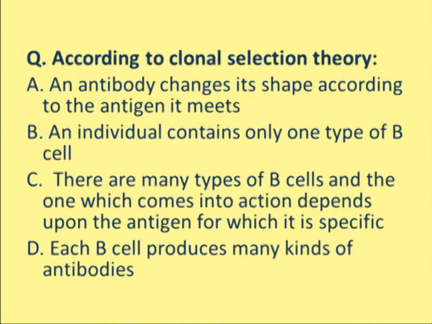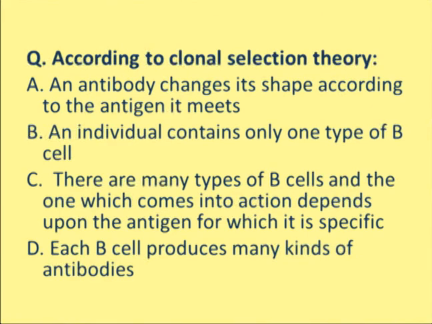Now, there comes a very important concept that is known as clonal selection theory. Niels Jerne, David Talmage, and MacFarlane Burnet proposed this clonal selection theory. Now, we'll see the question first and then we'll be discussing the entire concept.